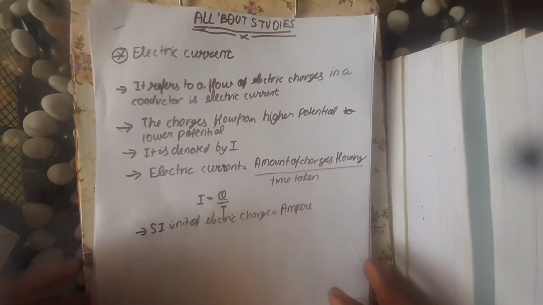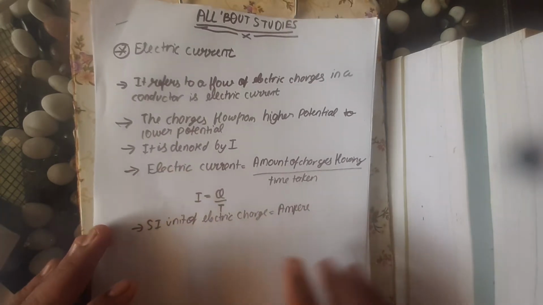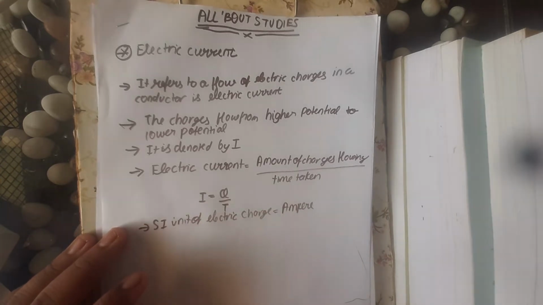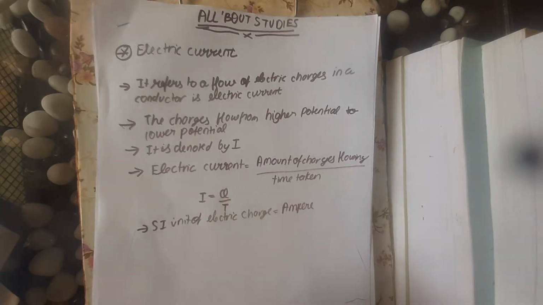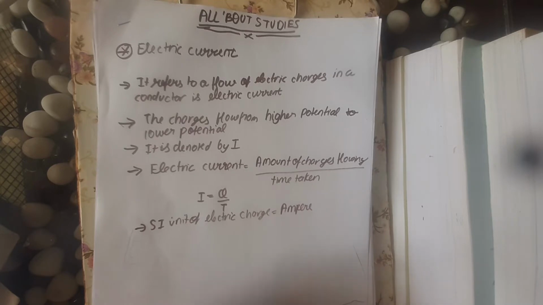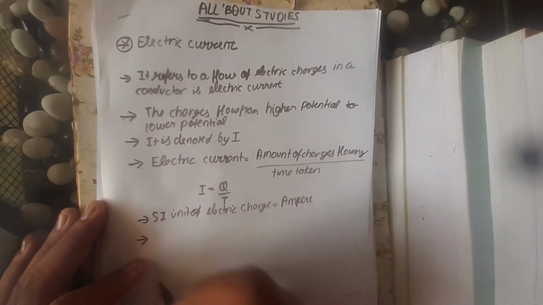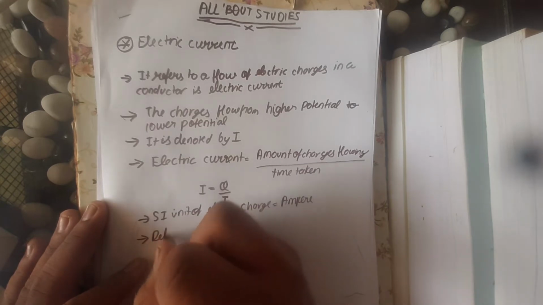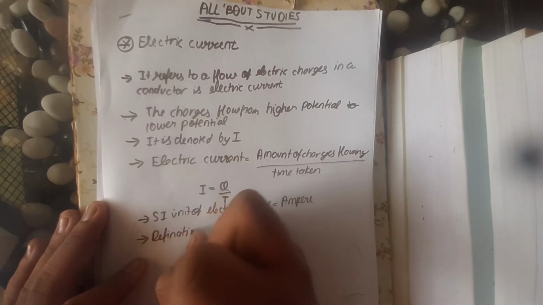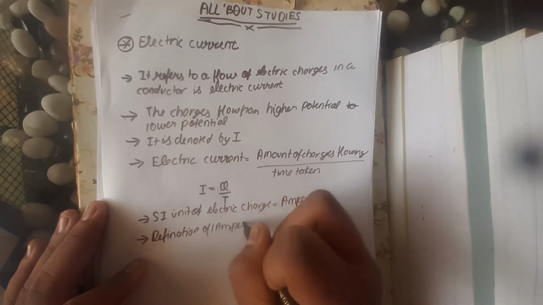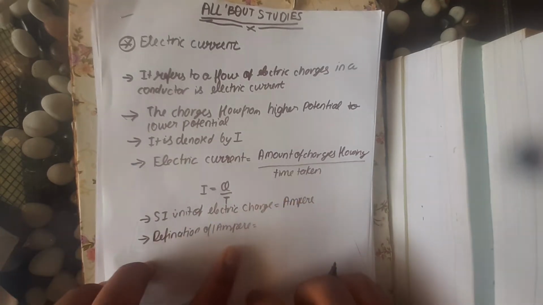Now, for the physics understanding of this formula by these SI units, how can we denote it in physics terms? Basically, it is the definition of 1 ampere current. In a very simple language, it is the definition of 1 ampere.